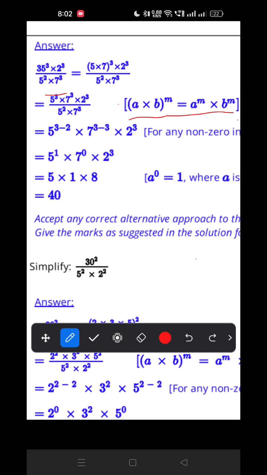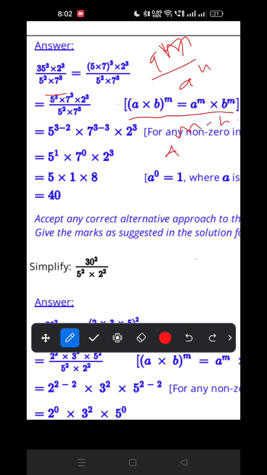Here again we use the indices rule: a raised to m divided by a raised to n, with the same base, we write a raised to m minus n.